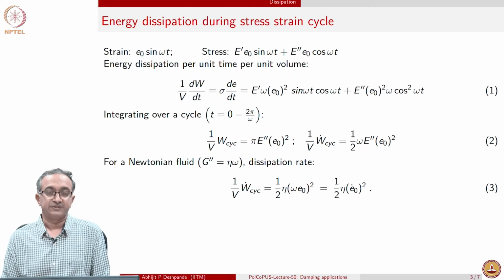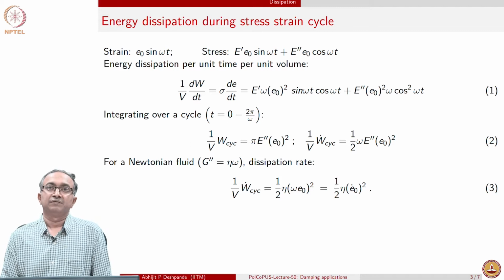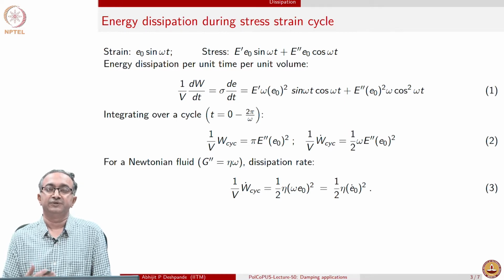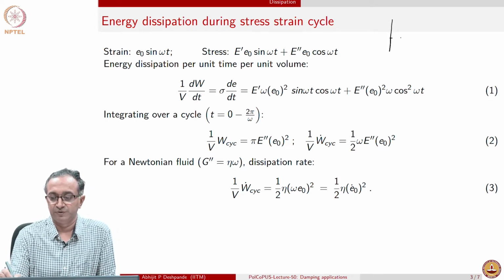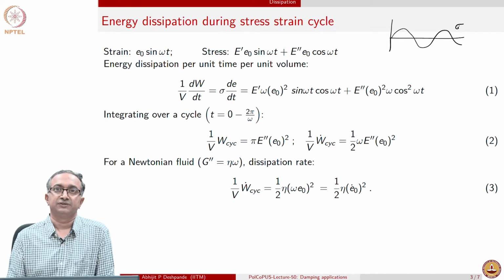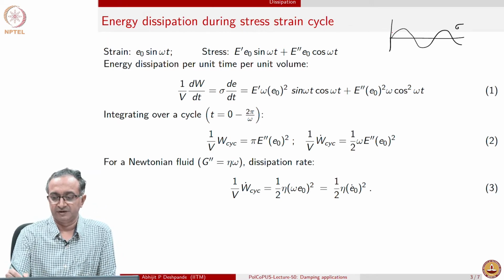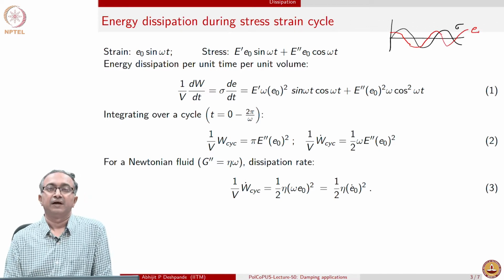So, let us start by first thinking about energy dissipation. Since a lot of dynamic testing involves an oscillatory test, we will consider energy dissipation during a cycle of test. As we have seen several times, what we do during a cyclic test is maybe apply, let us say, sinusoidal stress, or we could apply sinusoidal strain, and then we basically measure what happens to the strain as a function of time.